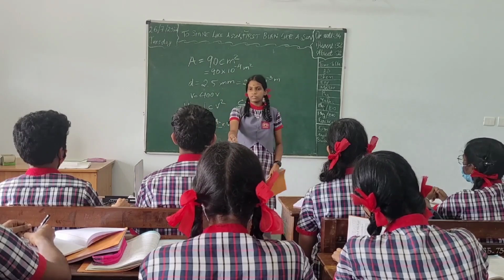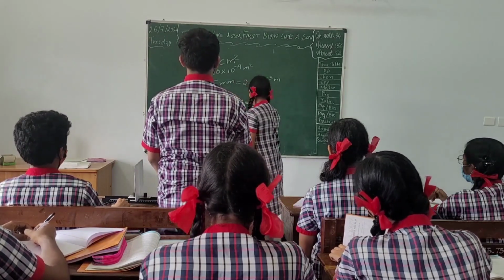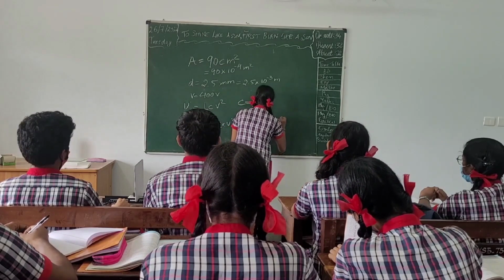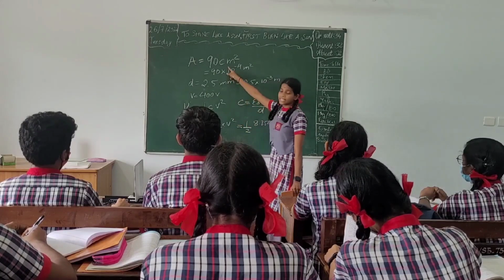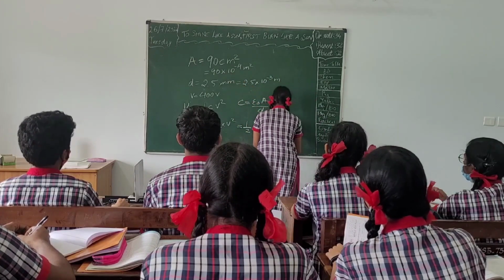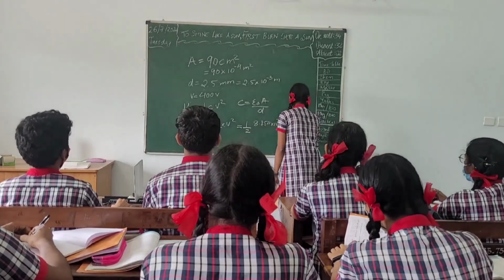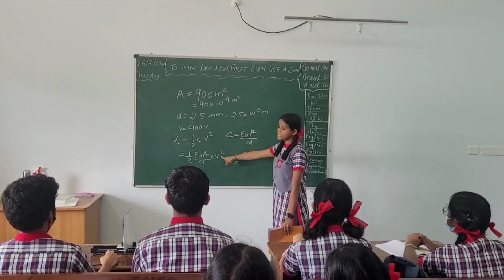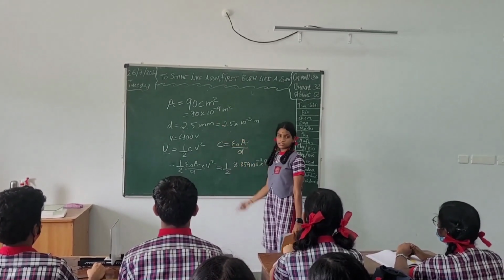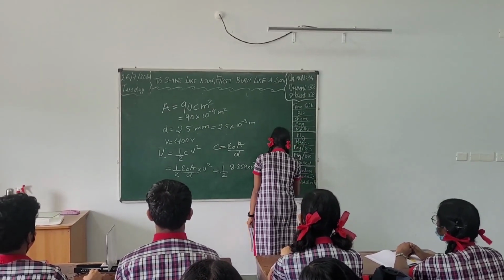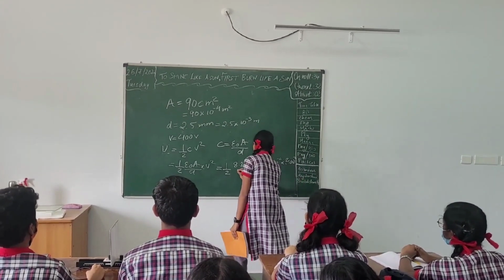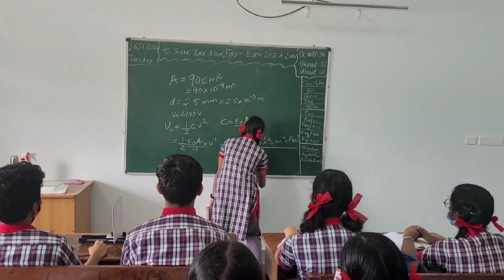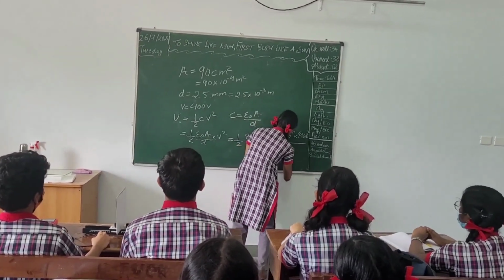What is the value of epsilon 0? 8.854 into 10 raised to minus 12, into what is the value of area? 90 into 10 raised to minus 4 in terms of meter, into the voltage, 400 square, divided by the distance D, 2.5 into 10 raised to minus 3.